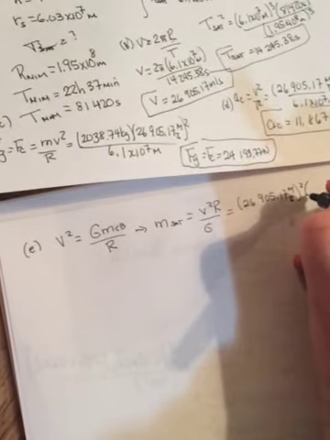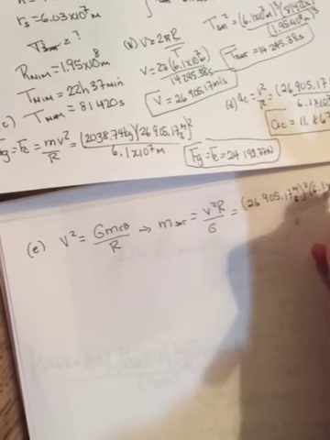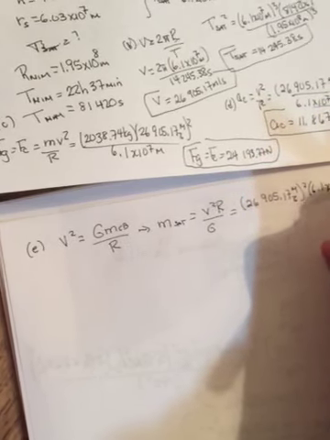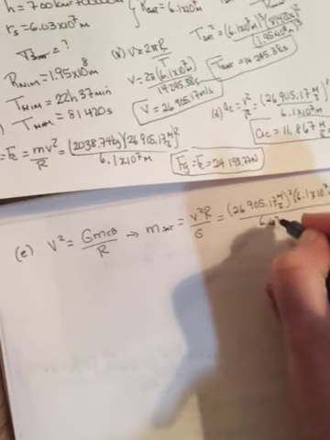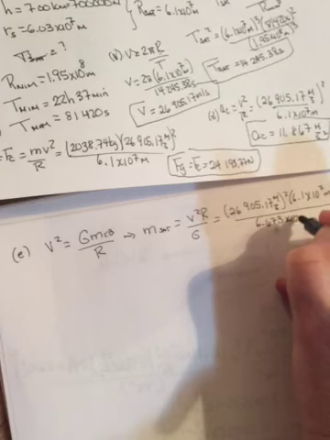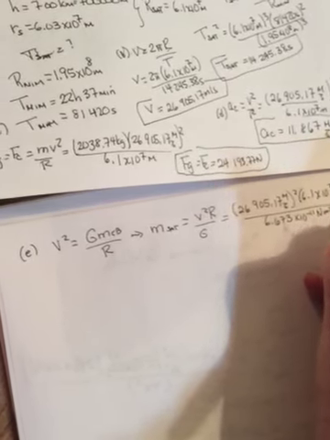The R was 6.1 times 10 to the 7th meters. And of course G is 6.673 times 10 to the negative 11 newton meters squared per kilogram squared.